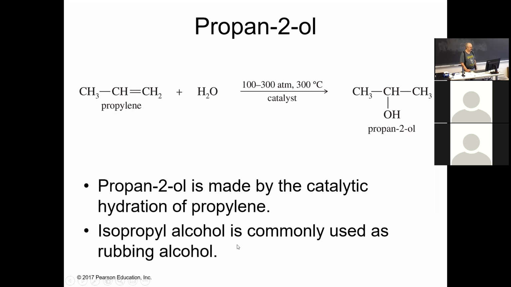And it comes in various percentages. I've seen 50%, 60%, 70%, 91%. And it really has to be at least 60% isopropyl alcohol to be effective as an antiseptic.